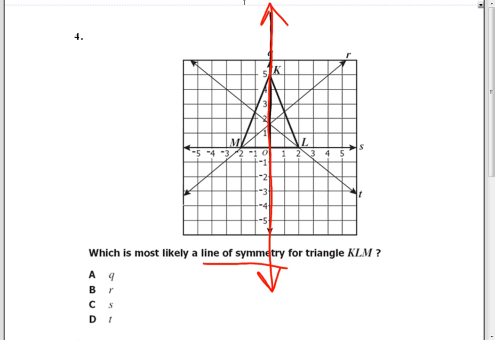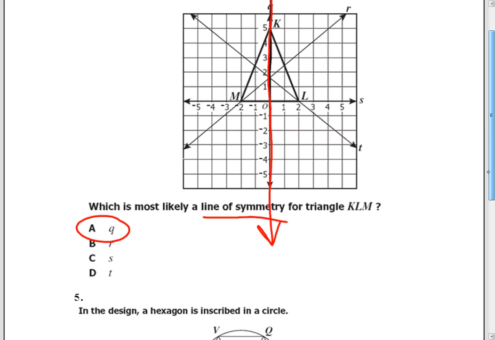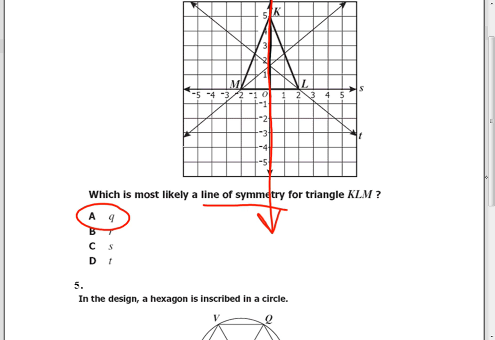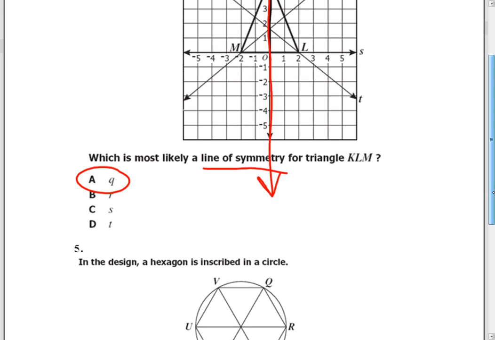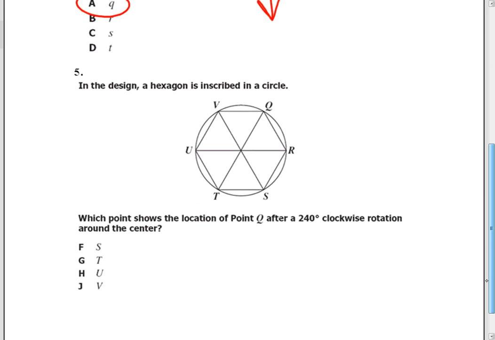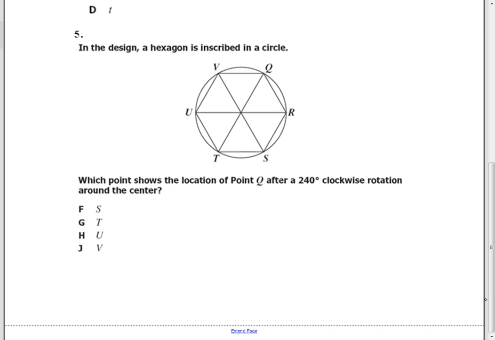Did everybody pick A? Number 4, which is line Q. We're looking for the best folding line, best reflecting line. Since that's not equilateral, we can't use those other ones. This is only an isosceles triangle, so we just have this one line of symmetry through the middle, which is actually the y-axis.